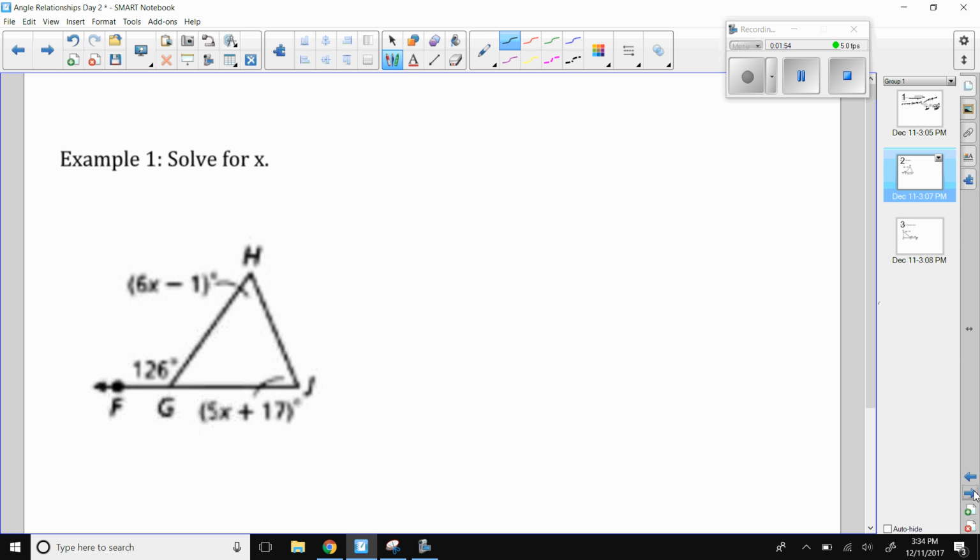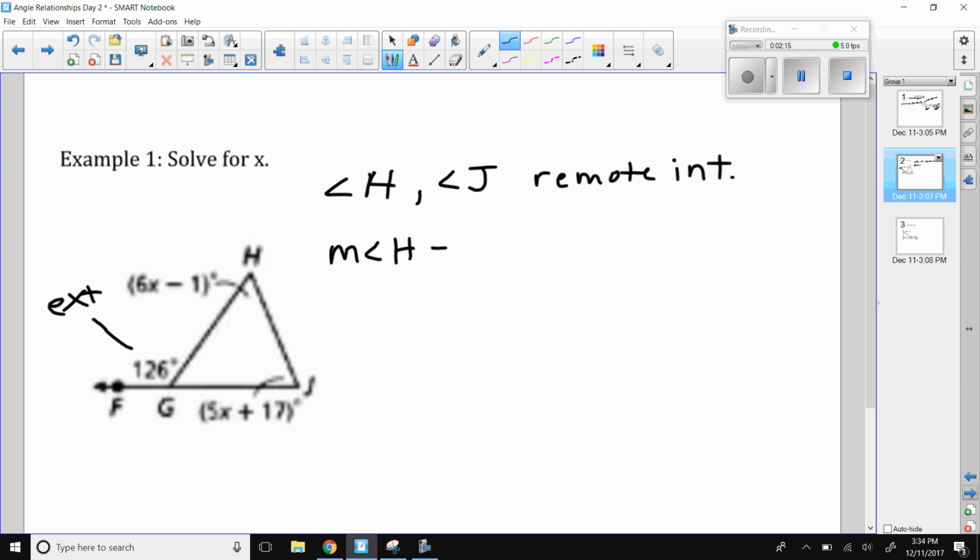Here we have our remote interior angles, angle H and angle J, and then we have this angle out here as our exterior angle. So these two angles added together, the measure of angle H plus the measure of angle J, is going to equal this exterior angle, which we'll call the measure of angle FGH.